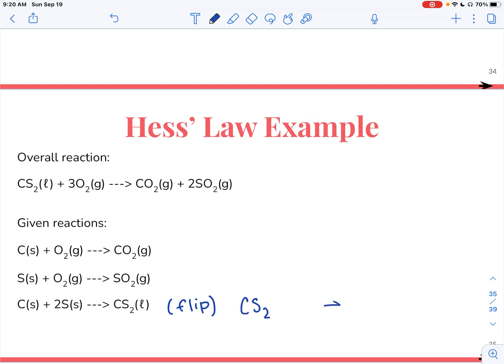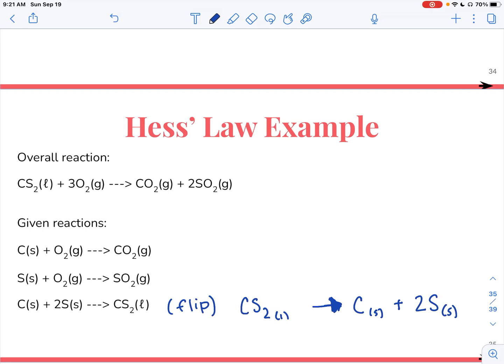CS2 gives C. Sometimes the states of matter do. I don't think it does in this one, but they might. Gives me this. So all I did was take our given reaction and flip it around the arrow. Now you'll see I'm going to line up the arrows. That's why I'm doing it kind of spaced out a little bit.